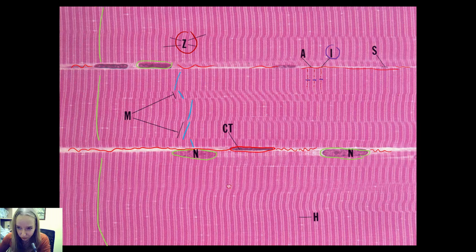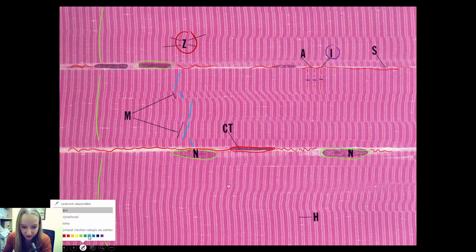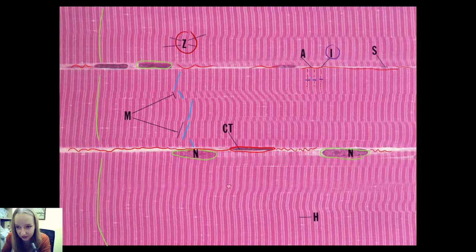And these darker eosinophilic bands right here are A bands, simply A bands. In the middle of A bands, we can see a less conspicuous, lighter line.